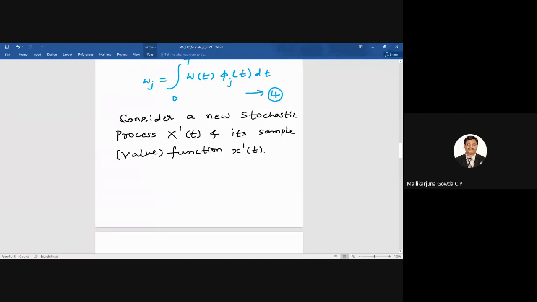Let me relate this to the received signal x of t. Any one of you can say what is the received signal?